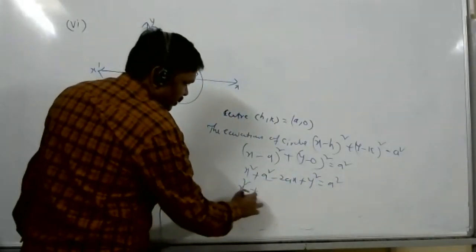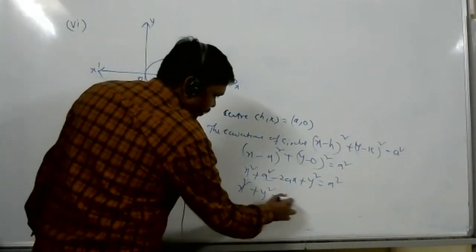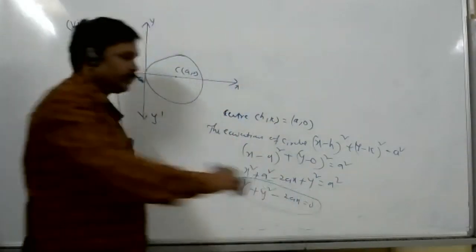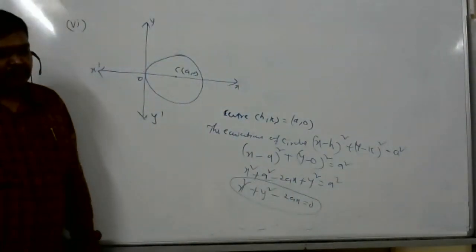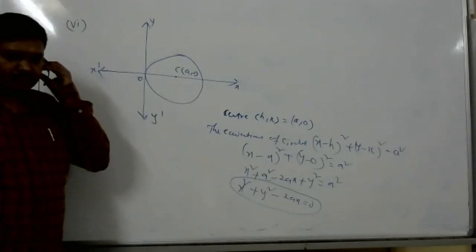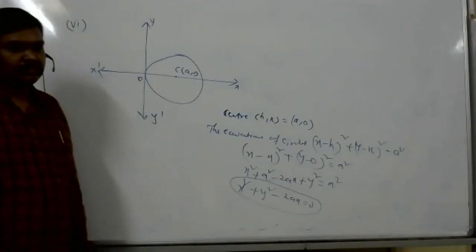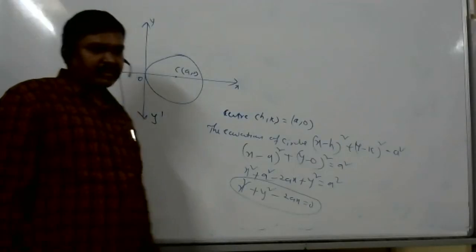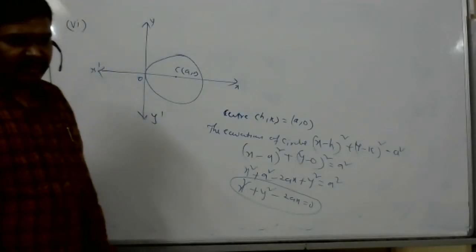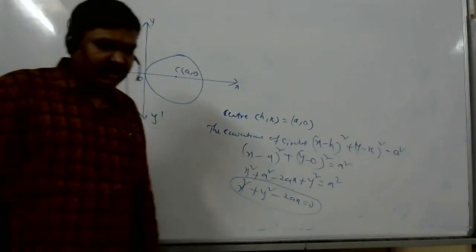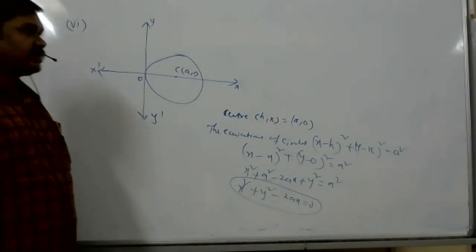Now x square plus y square minus 2ax is equal to 0, when the circle passes through the origin and the center lies on x-axis.